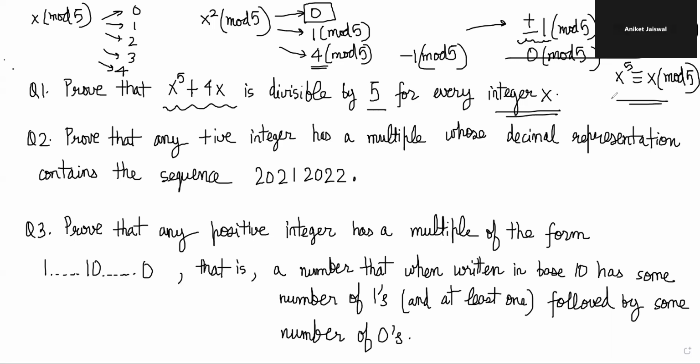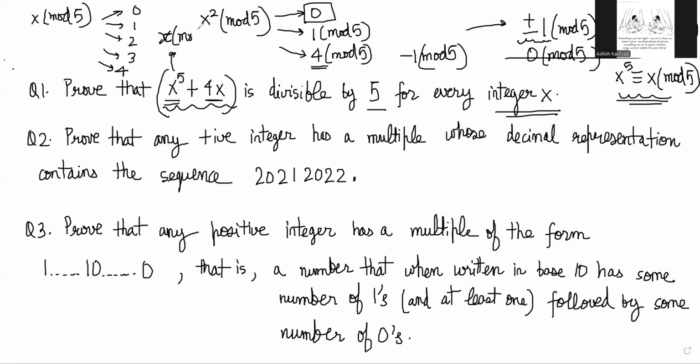That is Fermat's theorem. So x plus 4x will be 5x, which will be divisible by 5. This part is becoming x mod 5, and we add that to 4x mod 5, which becomes 5x mod 5, which is obviously divisible by 5.